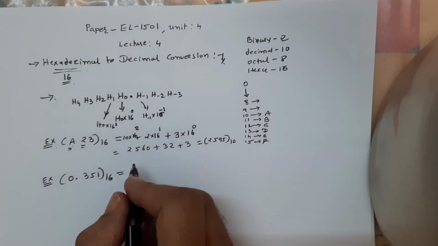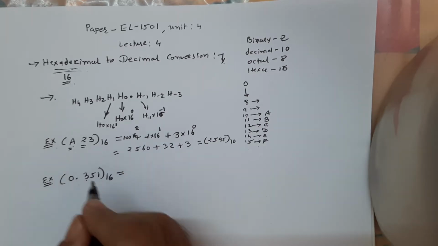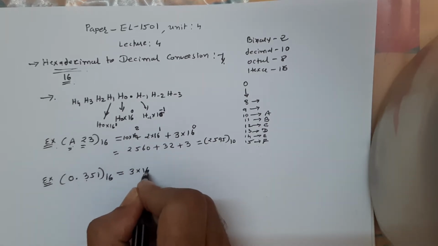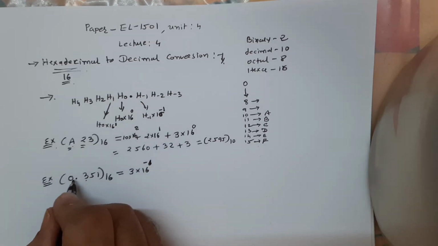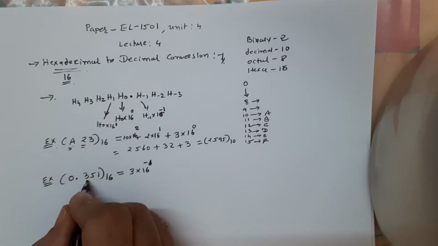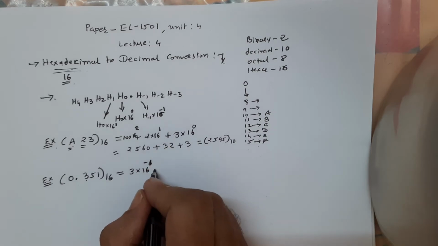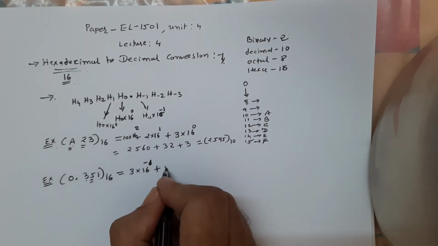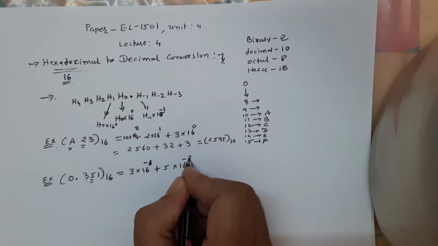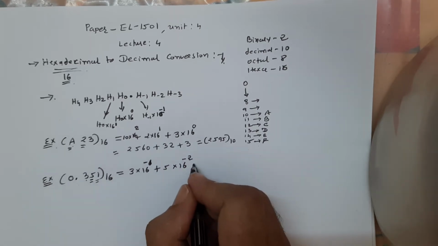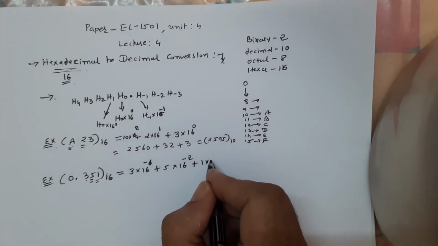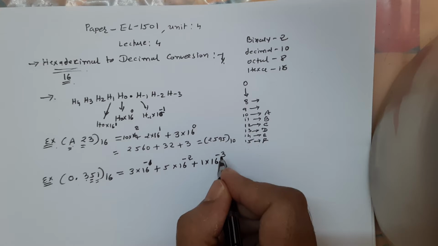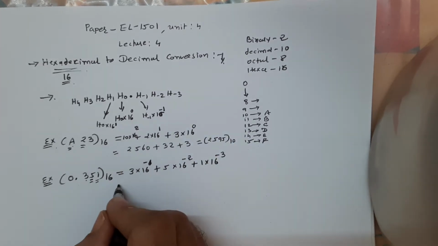Then we write from the right hand side: 3 into 16 raised to minus 1, because this is after the point, plus this 5 into 16 raised to minus 2 plus this 1, which is 1 into 16 raised to minus 3, right?